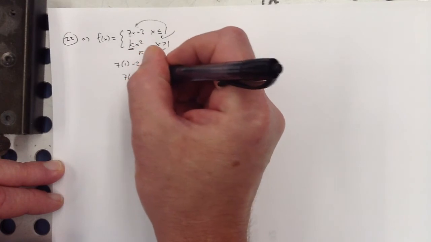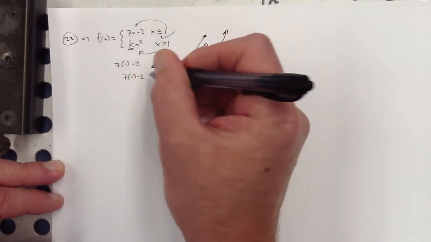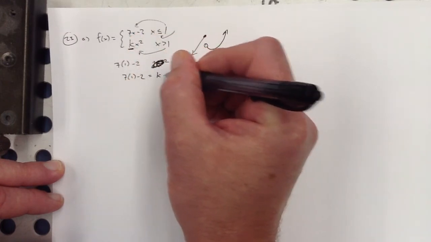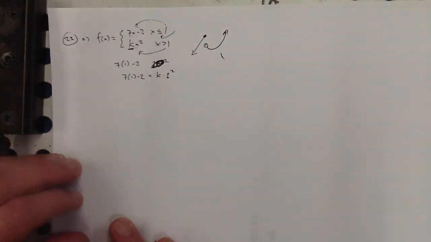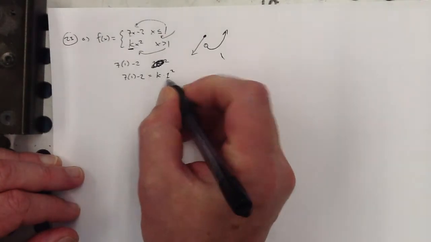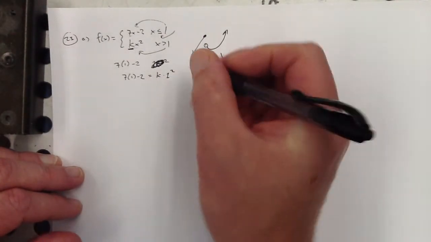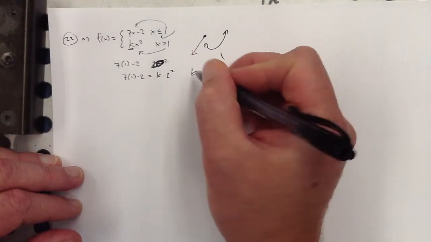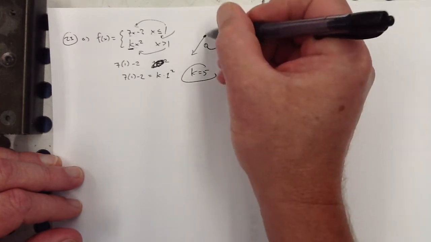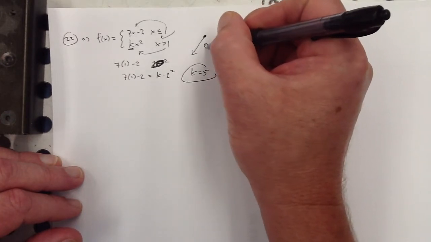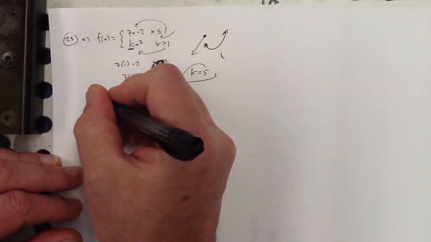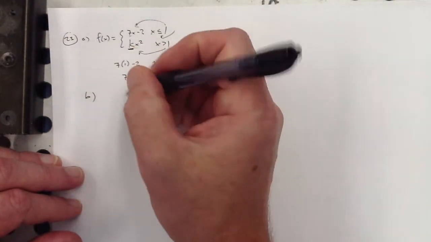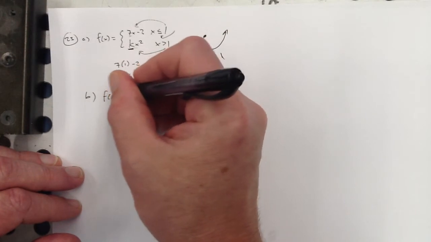I'm plugging 1 in for x, so that's k times 1 squared. That's what I meant to write. These two things have to be equal to each other if they're going to link up. So let's see. That's 5 and that's k, so k has to be 5. If k is 5, the two pieces link up. And the little dot ends up right in the little hole, and everybody's happy, and it's continuous. I don't know if continuity makes you happy. Maybe. Maybe it doesn't.